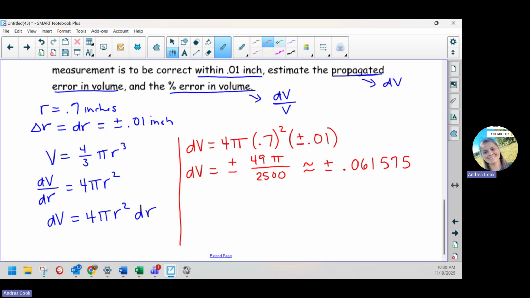Now we need the percent error. So the percent error is dV over V. So we found dV plus or minus 49 pi over 2,500, or you can use that decimal.